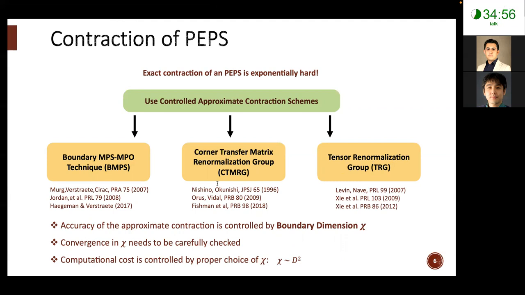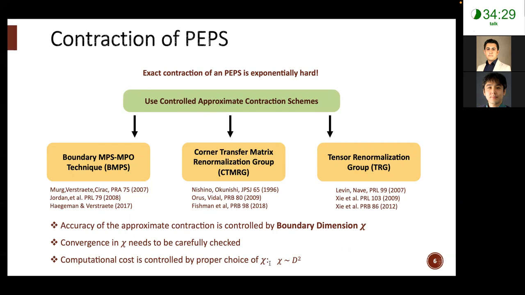In all of these techniques, the contraction is controlled by the boundary dimension chi. The boundary tensors are obtained in an iterative way during the renormalization process, and the convergence and the computational cost are controlled by this boundary dimension chi.